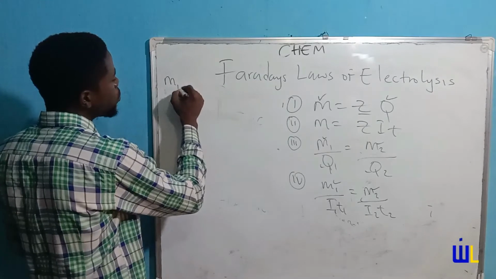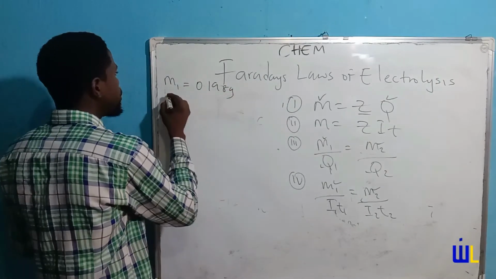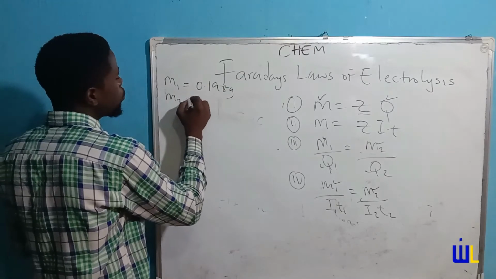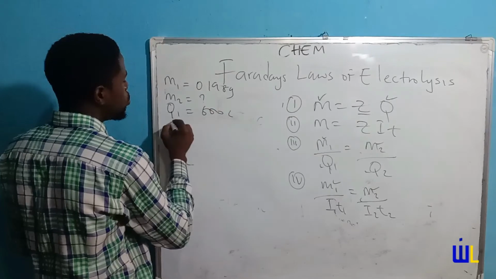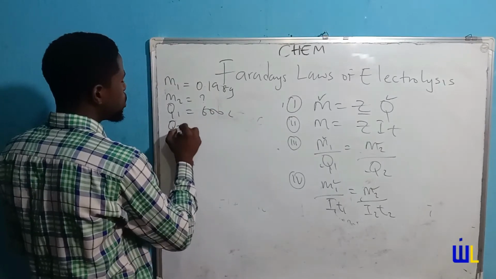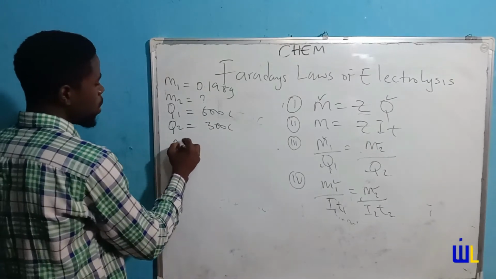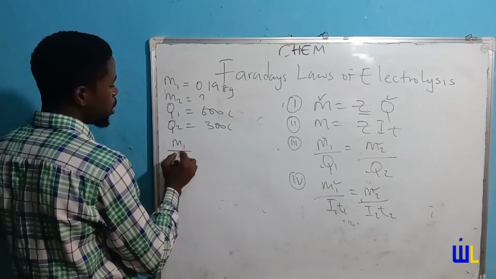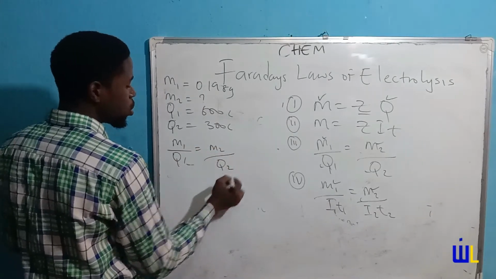So the first mass of copper, which was given, is 0.198 gram. The second mass of copper is what we don't know. The first quantity of electricity is 600 coulombs, and then you have the second quantity of electricity as 300 coulombs. So what do we do? M1 over Q1 equals M2 over Q2.